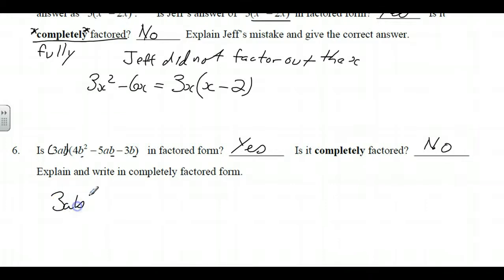So it'll be 3ab squared times 4b minus 5a minus 3. Okay, now all I've done really is taken a b out of the brackets.